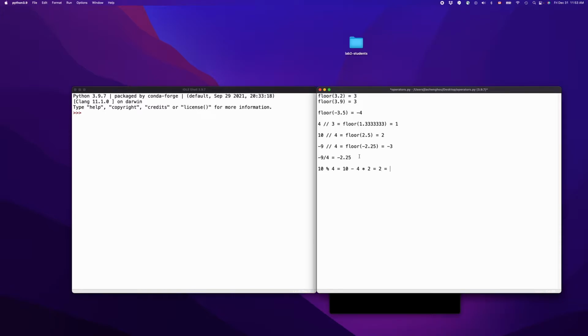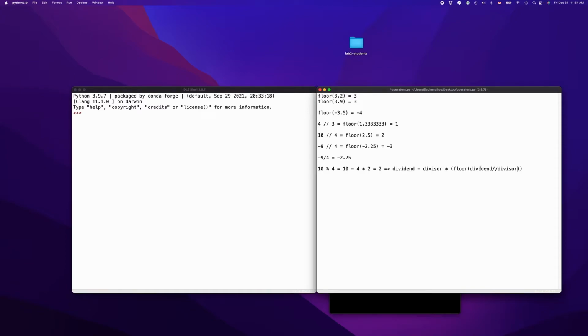So the formula should be the dividend minus the divisor times the floor of the dividend divided by the divisor, right? So here the dividend is 10, the divisor is 4.